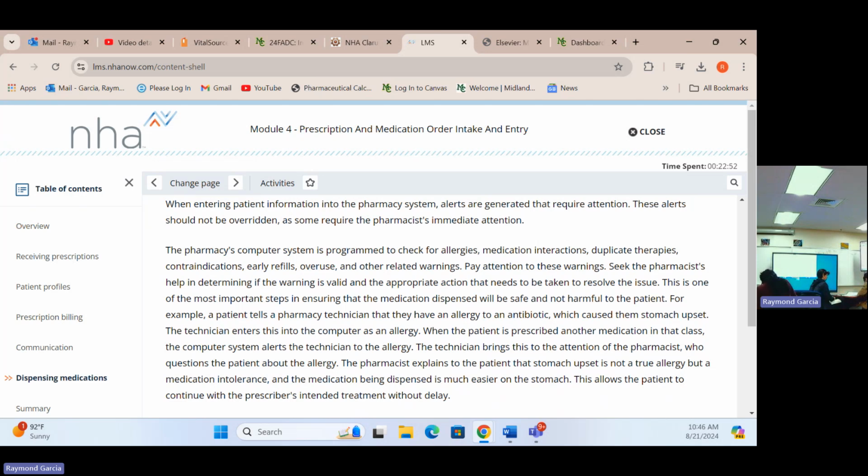So, say they gave you some hydrocodone and it made you upset, you would let them know, and they'll document that, and maybe they'll switch you to something with codeine or something, like maybe I don't know, codeine or phenobarbital. The technician brings this to the attention of the pharmacist, who questions the patient about the allergy. The pharmacist explains to the patient that it's not a true allergy, but a medication intolerance, and the medication being dispensed is much easier on the stomach. This allows the patient to continue with the prescribed intended treatment without delay.